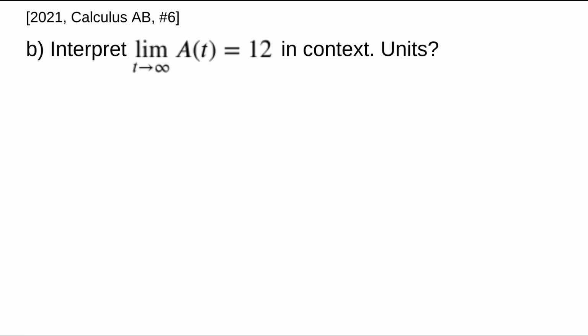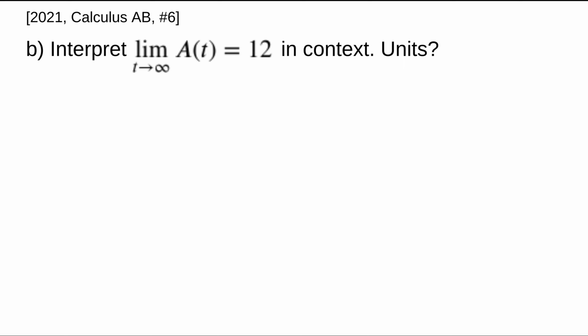In part B of the question, we are asked to interpret the limit as t approaches infinity of A of t equals 12, in the context of the given problem and to provide the correct units.